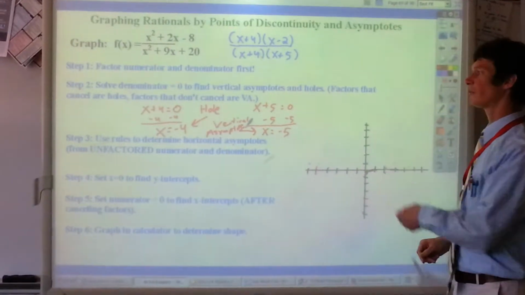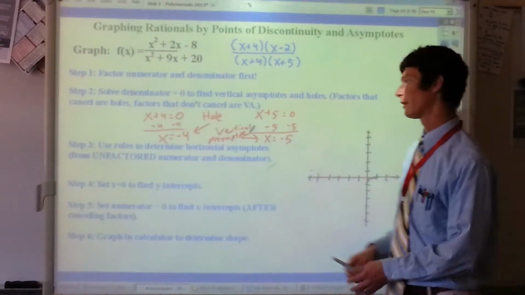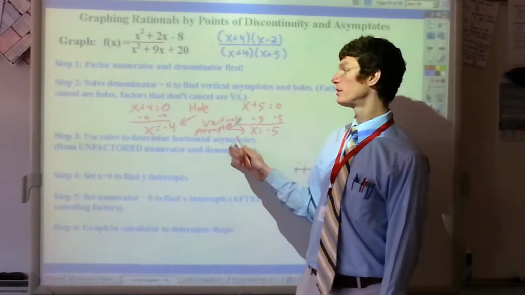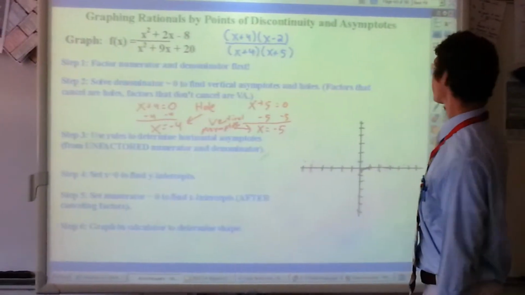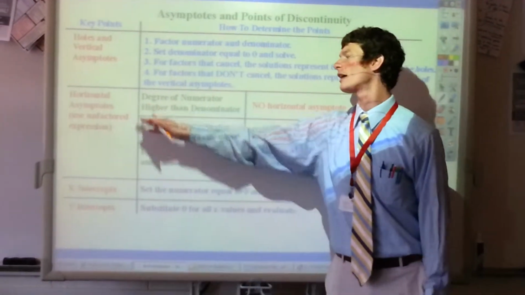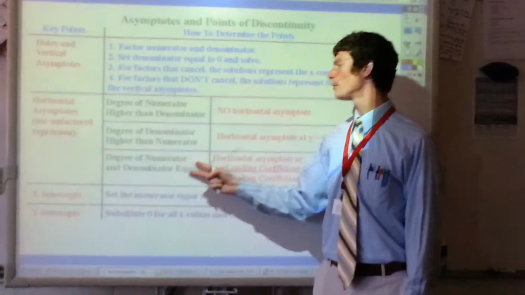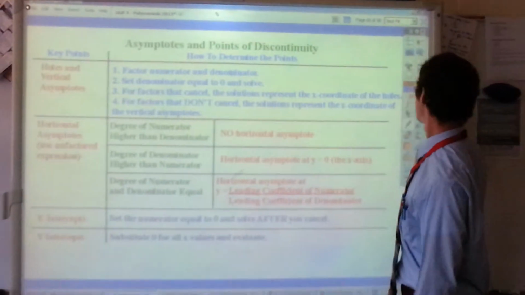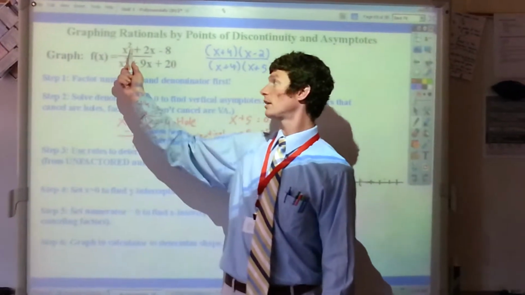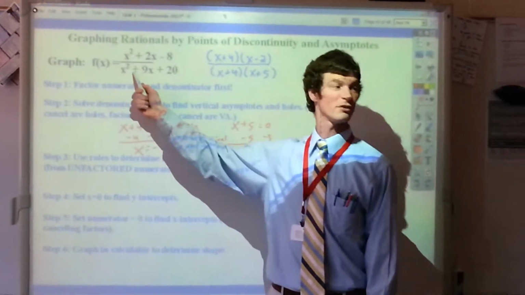Now we're going to use our rules to determine our horizontal asymptotes from the unfactored numerator and denominator. This is based on the degree. So looking back at the rules that are on your paper, horizontal asymptotes, the degree of the numerator and denominator are equal. Remember, degree is the highest exponent. The highest exponent of the numerator is 2, of the denominator is 2.